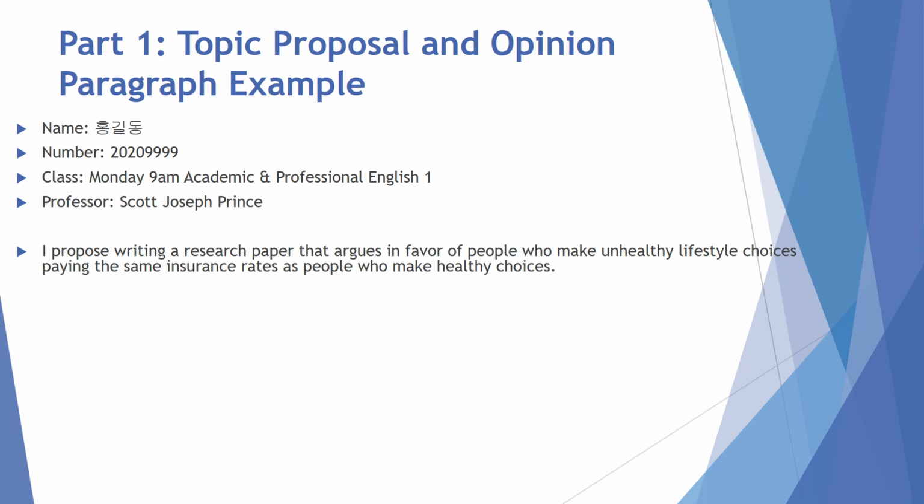So one more time. I propose writing a research paper that argues in favor of people who make unhealthy lifestyle choices, paying the same insurance rates as people who make healthy choices. Basically, everybody should pay the same insurance rate, even if they have unhealthy lifestyles.